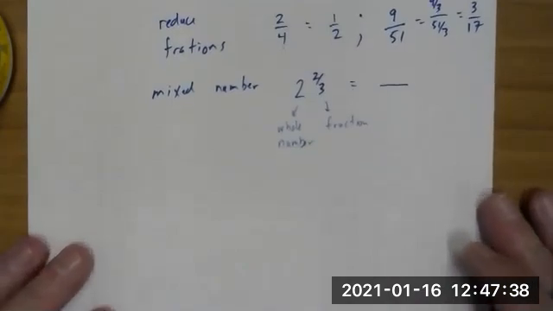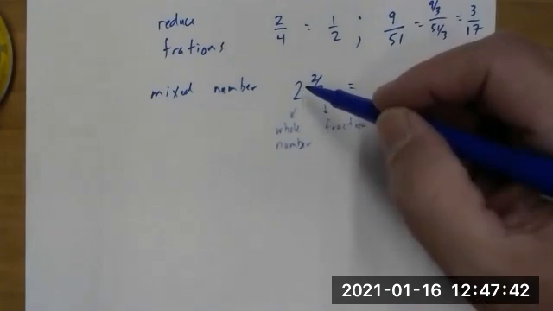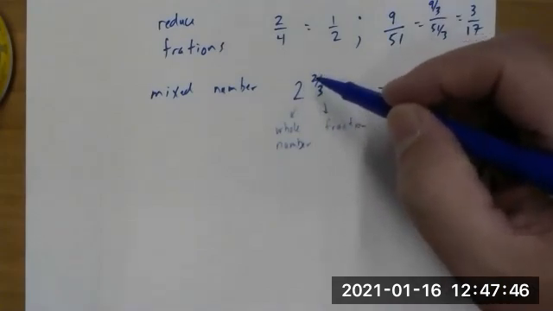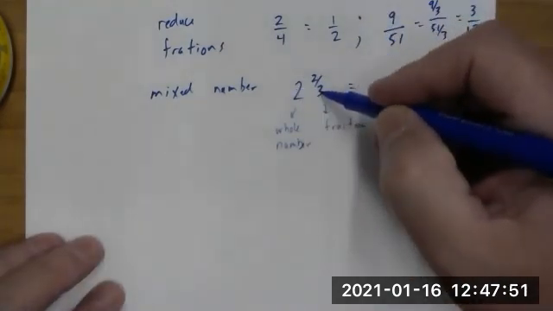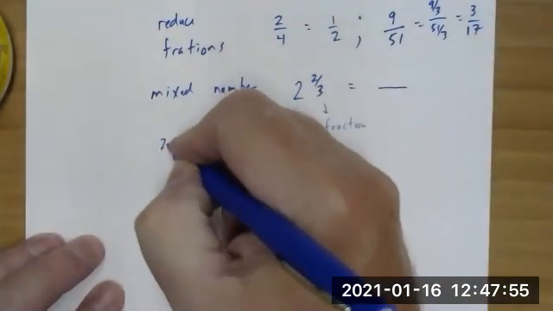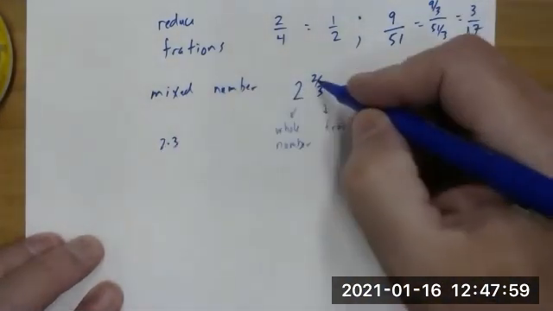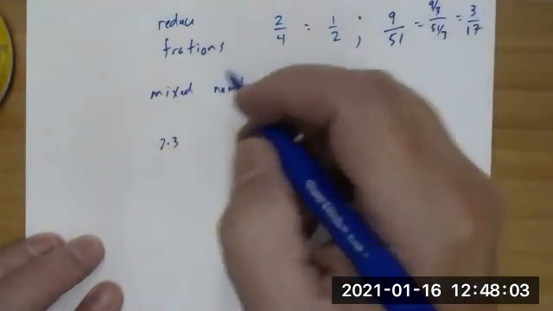So what we'll do is, I'll go over it quickly, but I'm not going to write it out. The way you change the mixed number into a pure fraction, you take your whole number and you multiply it by the denominator. So in a sense, you have 2 times 3, and you take that and you add it to the initial numerator here.